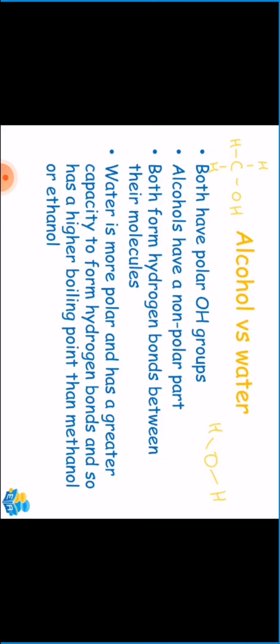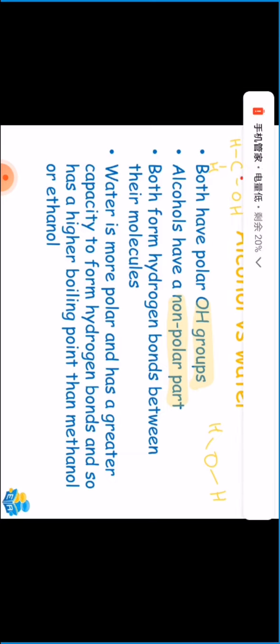To finish up alcohols, we should compare alcohols to water, and as you can see, both of them have polar OH groups attached. But alcohols also have a non-polar part, and the non-polar part is the methyl part here, the CH3 attached.